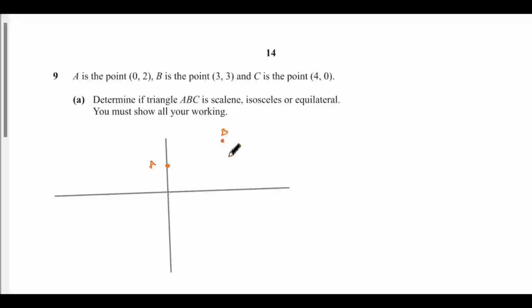Then point C, x equals to 4 and y equals to 0, should be somewhere around here. So this is point C. So we can now join them together like this. We have this, then we have this, and we have this. So this is triangle ABC.